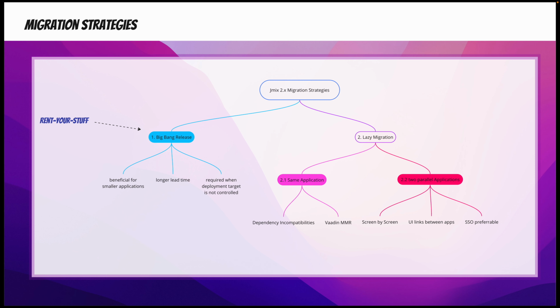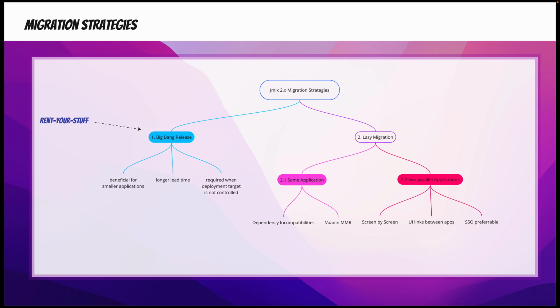This is in particular beneficial for smaller applications, when the amount of time it takes to migrate to the new app is not that high. It sometimes leads to longer lead times, because depending on the size of your application, it might be a couple of days or even weeks where you basically need to migrate everything at once.